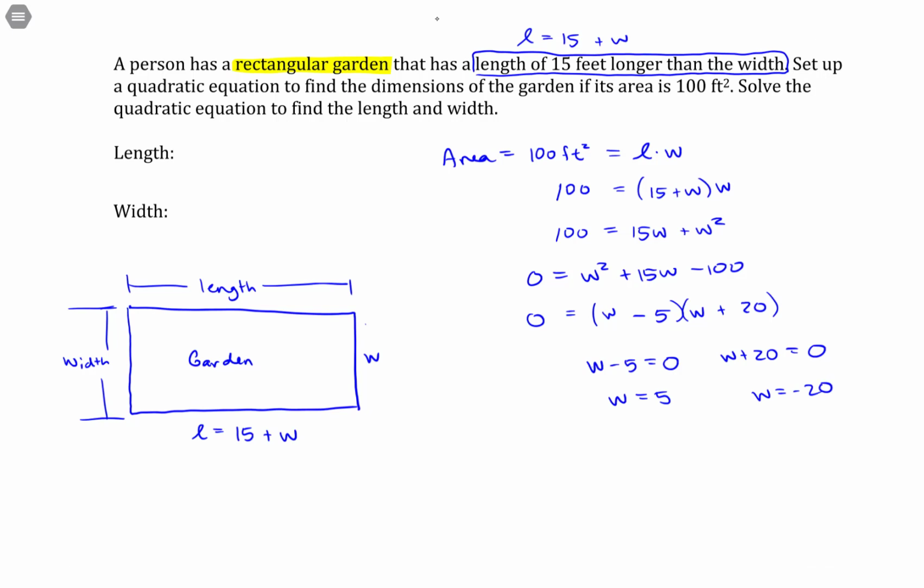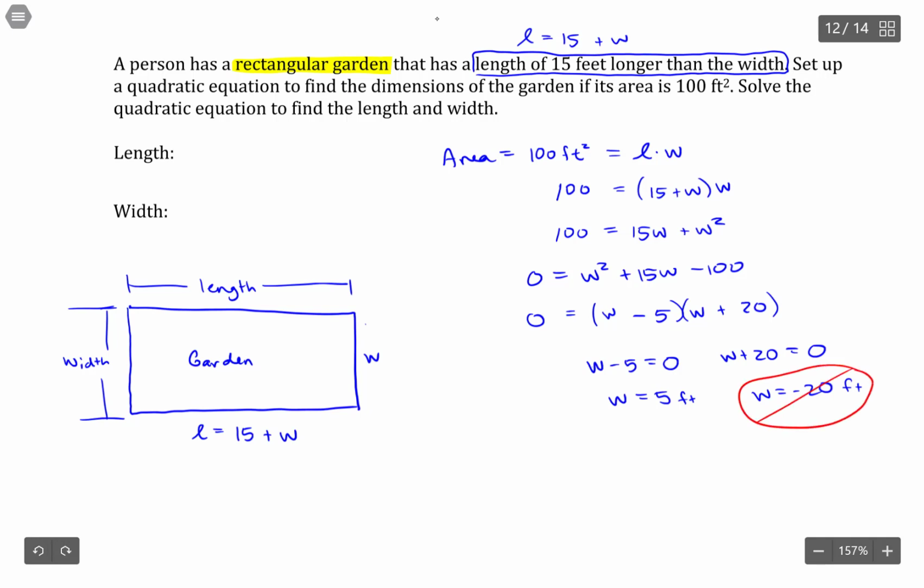Now, consider that these are physical dimensions. So we're saying that the width should be 5 feet, or the width could be negative 20 feet. Because it's a physical dimension, I think we could rationally throw out that negative, because the width would have to be greater than 0. Now, the next thing is that tells me the width is 5.